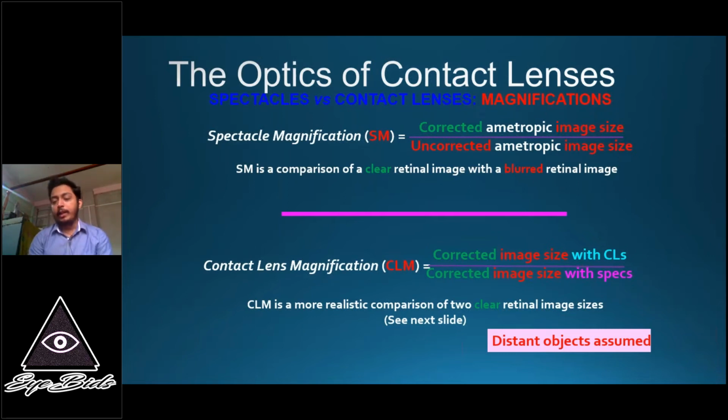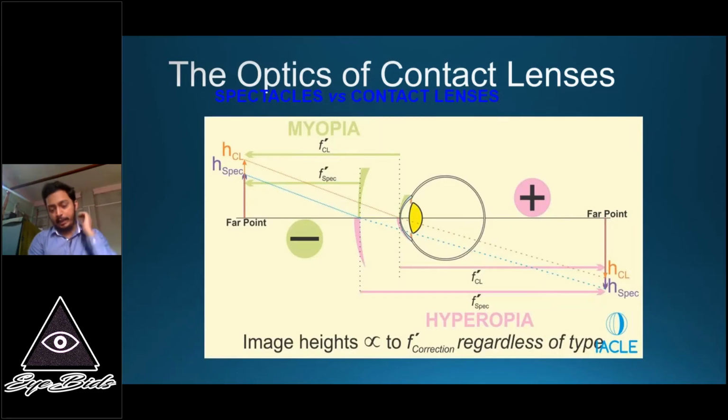This is what we should understand. When a patient is wearing spectacles, whether myope or hyperope, what image size is the patient seeing with the spectacle, and what with the contact lens? Right? If you see the diagram, it's very easy to understand.